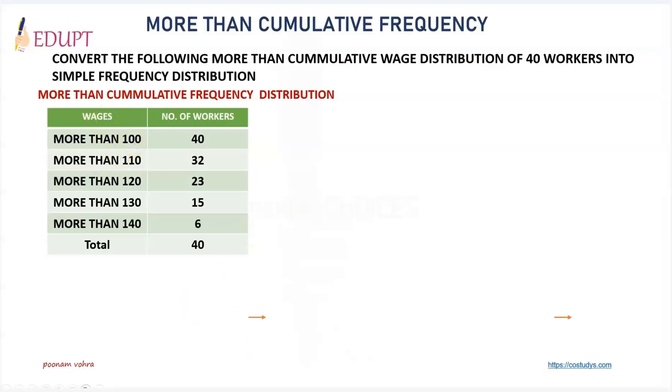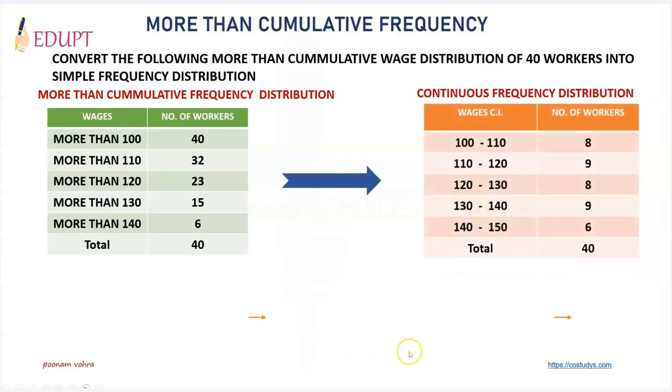Here it is given more than 100, more than 110, more than 120, more than 130 and more than 140. So it is easy to make the class intervals. Let us see the class intervals. Here it is. We have class intervals 100 to 110 till 140 to 150.